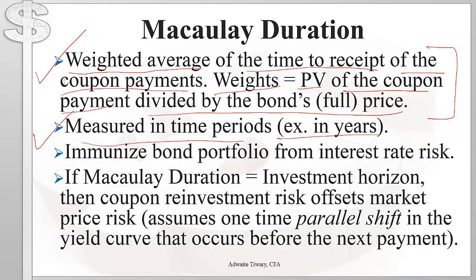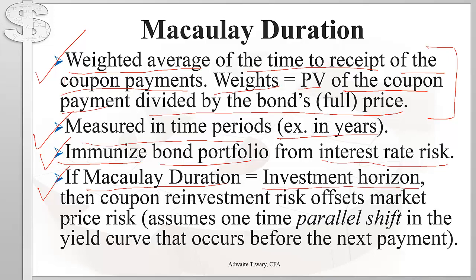Now, why is Macaulay duration important? It turns out that Macaulay duration has a very important characteristic. It can be used to immunize a bond portfolio from interest rate risk. As I said earlier, Macaulay duration is measured in time periods. Let's say a Macaulay duration is 7 years and our investment horizon is also 7 years.